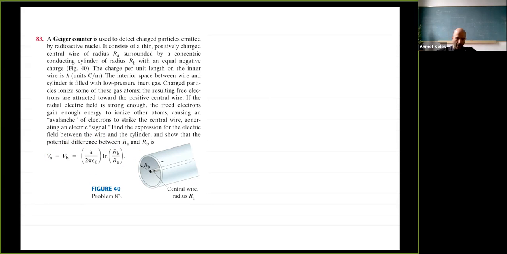I think you more or less got the idea. The only thing you've been using here is VB minus VA equals minus the integral from A to B of dl dot E. That's the theme of that chapter.